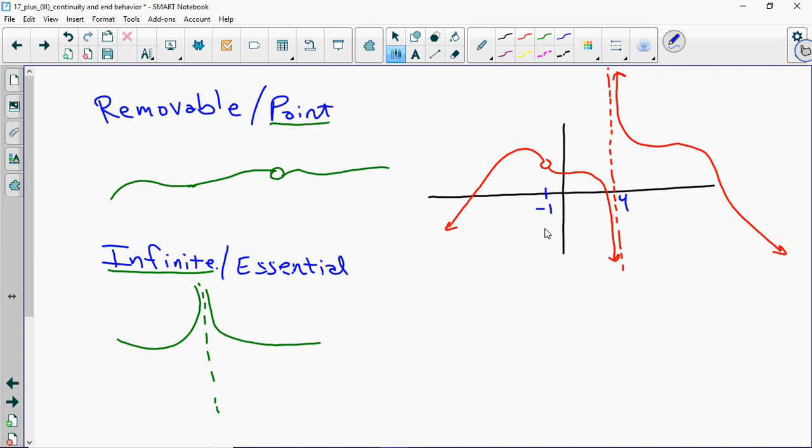The reason that I've drawn this one freehand is that when we use our calculators or go to a website like Desmos, it's a little bit harder to identify where the discontinuities are because they're not going to label the vertical lines, so you'll have to use your eyes there, and the removable discontinuities will not show up at all unless you are really, really careful about looking for them.